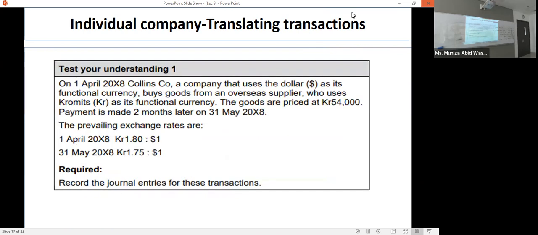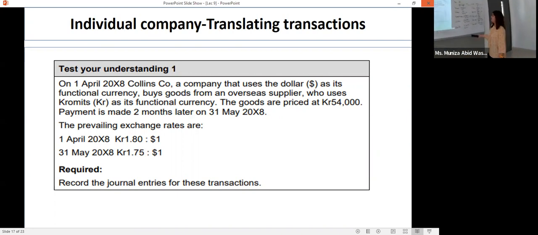So this is the first case which you have to keep in mind. Isn't it simple? Very simple. Let's do this transaction. The requirement: record the journal entries for these transactions. Have a look at this question and try to do it. You have to show the initial measurement and the measurement at the settlement date.